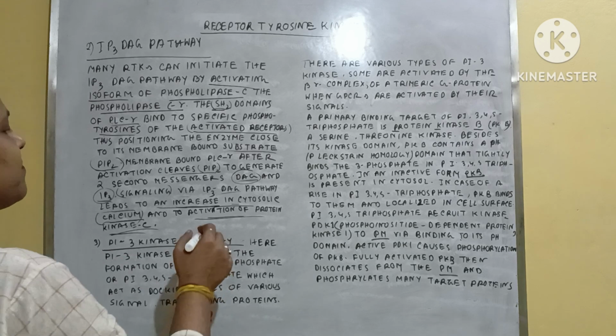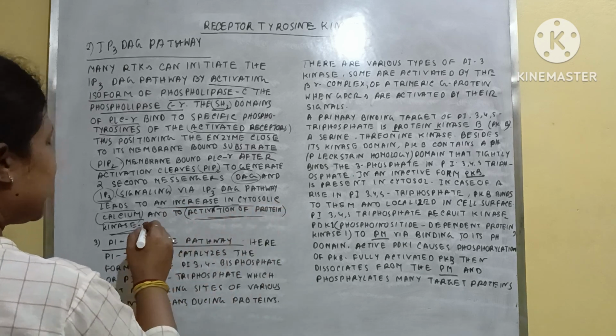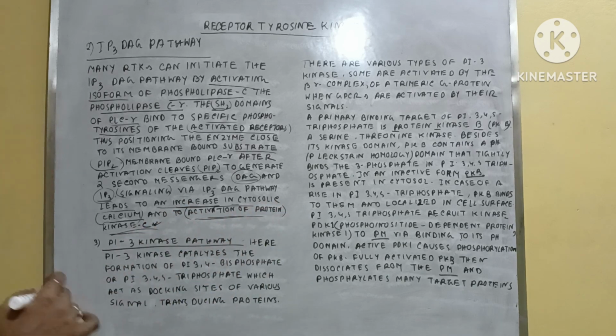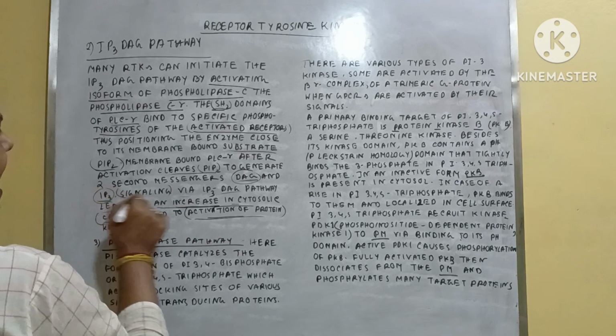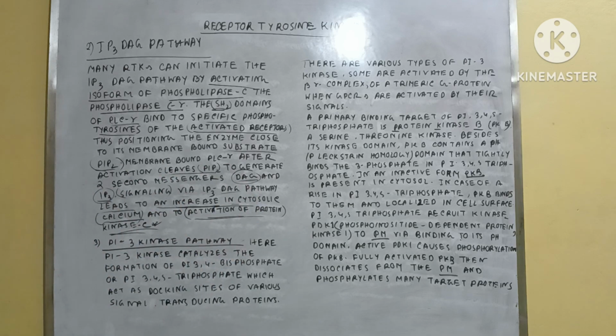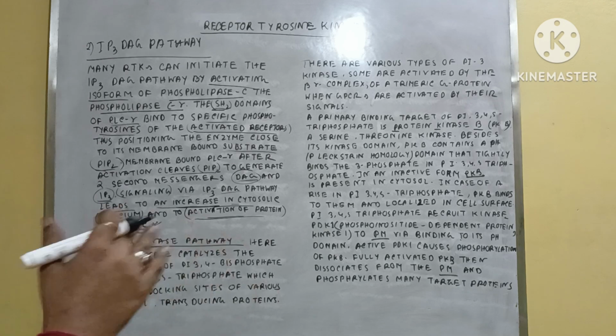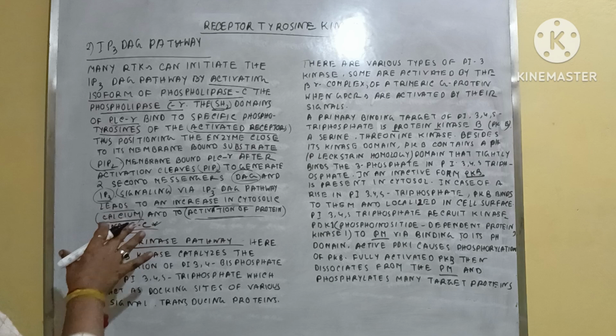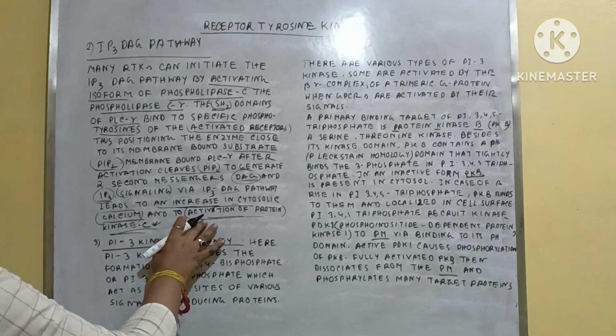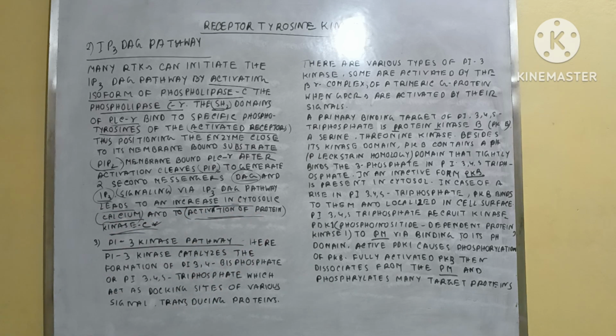Obviously the activation of protein kinase C also occurs due to the formation of IP3 and DAG. So PIP2 breaks into two messengers, and after the formation of the two messengers, two things occur: one is the calcium level increases, another is the activation of protein kinase C.